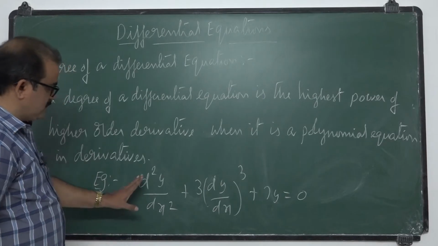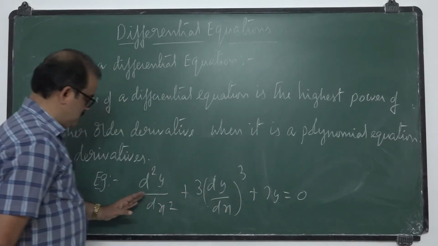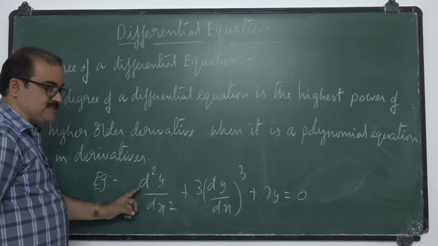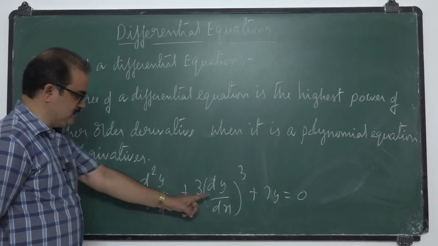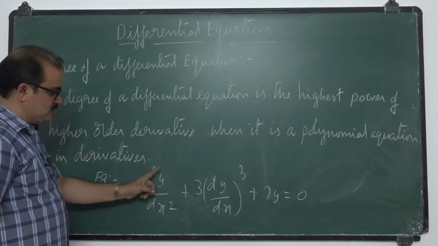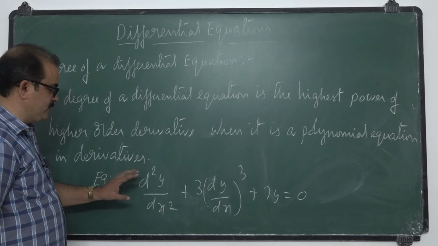Now, in this given equation, what is the higher order? Second order. dy by dx is the first order derivative and d square y by dx square is the second order derivative. So, higher order is second order.